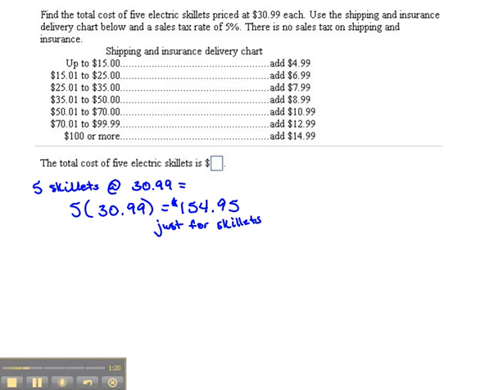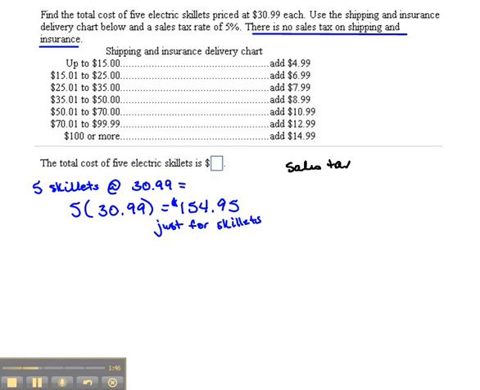Okay. Now, our total price here is still missing sales tax and the shipping and insurance. Now they said here there is no sales tax on shipping and insurance. So the only sales tax that we really have is just on the price of the skillets. So now I want to figure out my sales tax.